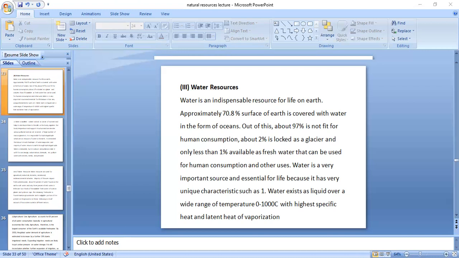Second, year-round water supply to ensure higher productivity. Now, if we are totally dependent on rain, or totally dependent on rainwater for irrigation, then it is very difficult for us, because the rain will not happen throughout the year in many areas.